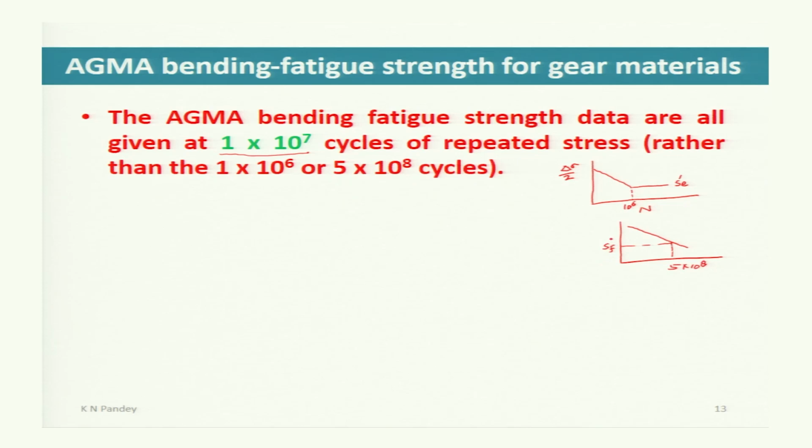So Sf dash and Se dash are determined like this, and this data is for a rotating beam. That means for completely reversed load. Completely reversed load means this type of load is there, where the mean stress sigma mean is 0.